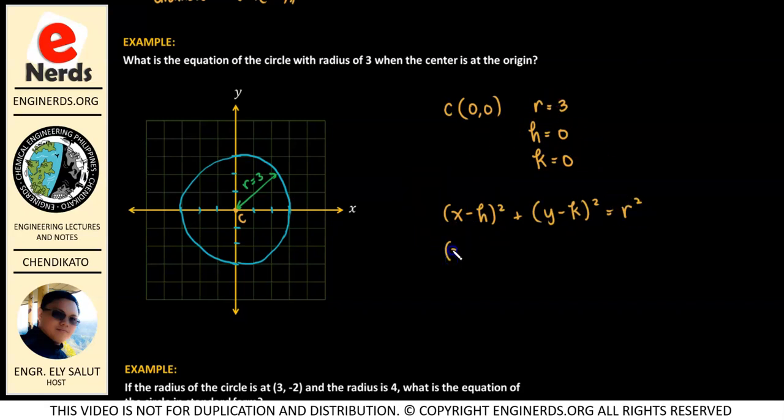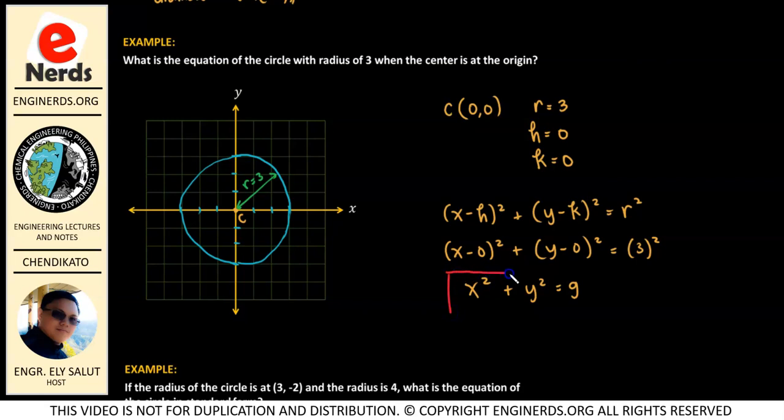So, we have x minus 0 squared plus y minus 0 squared is equal to our radius, which is 3 squared. So, we will have here x squared plus y squared is equal to 3 squared, which is 9. Okay? So, this is our answer for this problem.